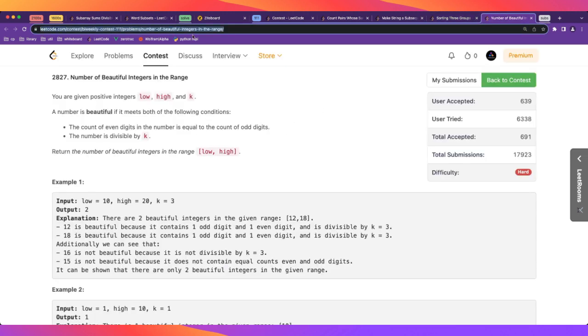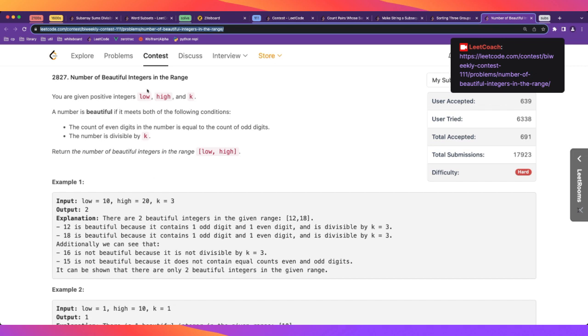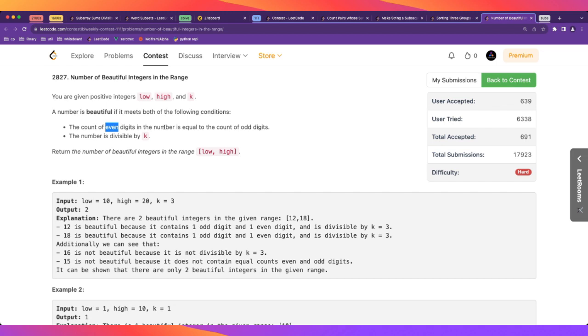Let's go to the hard problem. You're given positive integers low, high, and k. A number is beautiful if it meets both of the following conditions. The count of even digits in the number is equal to the count of odd digits, and the number is divisible by k. Return the number of beautiful integers in the range low, high, inclusive.